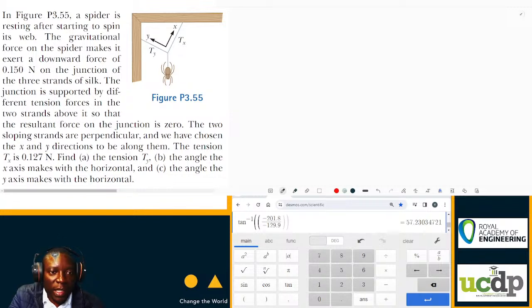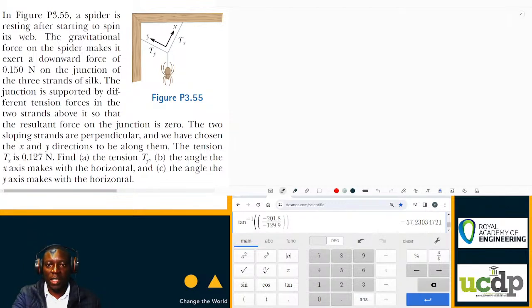The junction is supported by different tension forces in the two strands above it, so that the resultant force on the junction is zero. Interesting. The two sloping strands are perpendicular, so that makes a 90-degree angle between Ty and Tx, and we have chosen the x and y directions to be along them. The tension Tx is 0.127 newtons. Find the tension Ty. Find the angle the x-axis makes with the horizontal, and the angle the y-axis makes with the horizontal.